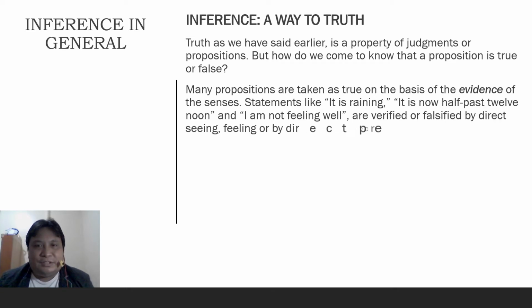Statements like "it is raining," "it is now half past 12 noon," and "I'm not feeling well" are verified or falsified by direct seeing, feeling, or direct perceiving. So the first way of determining what is true is on the basis of evidence.